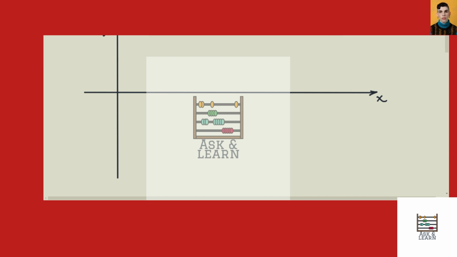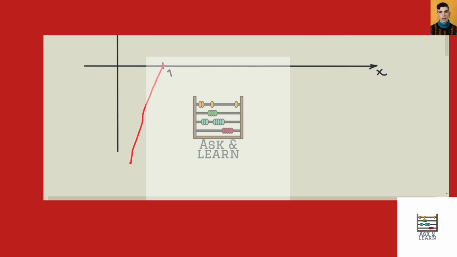That is, at 1, we have natural logarithm of 1 equal to 0, and then this function is doing something like this. It's approaching the y-axis more and more as x is closer and closer to 0.